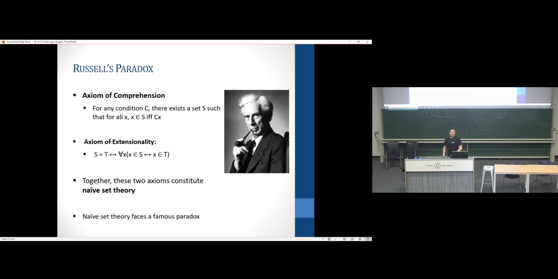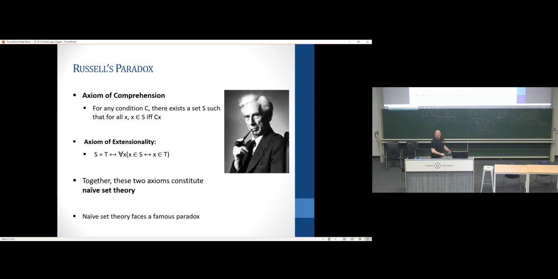So I already introduced to you the axiom of extensionality, which is that two sets are identical if and only if they have all and only the same members. Now, naive set theory, the initial development of set theory, had the axiom of extensionality and the axiom of comprehension as its core.